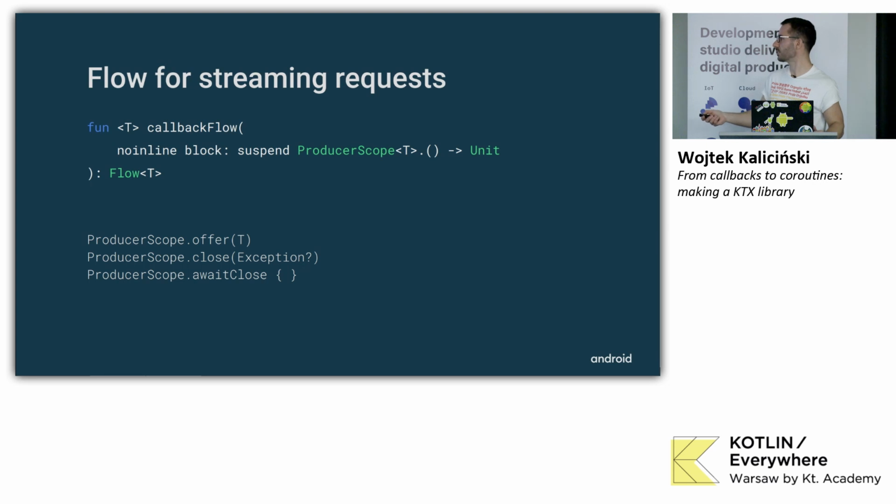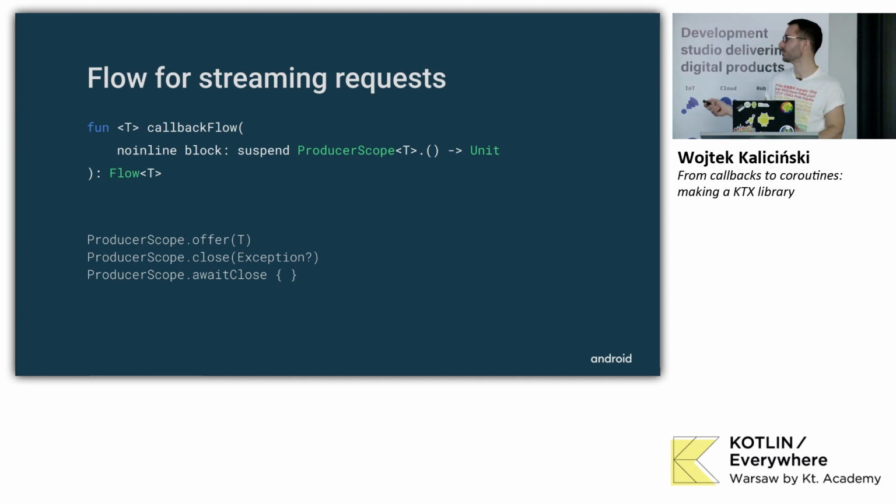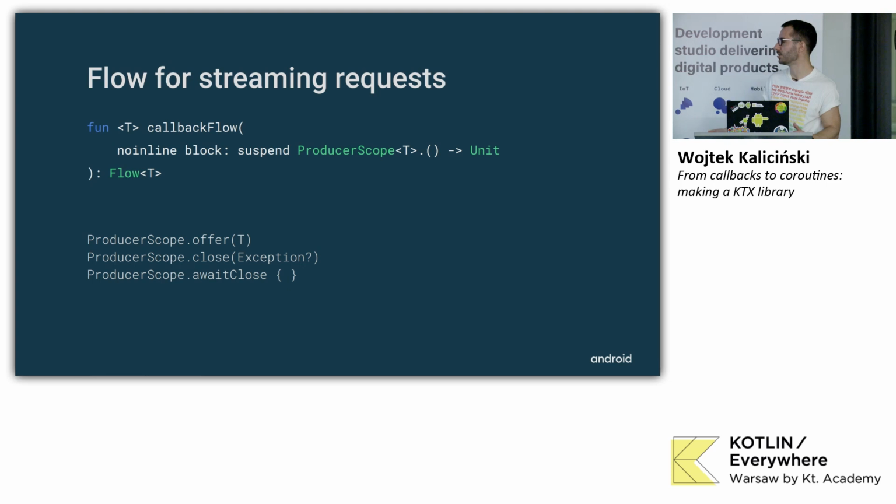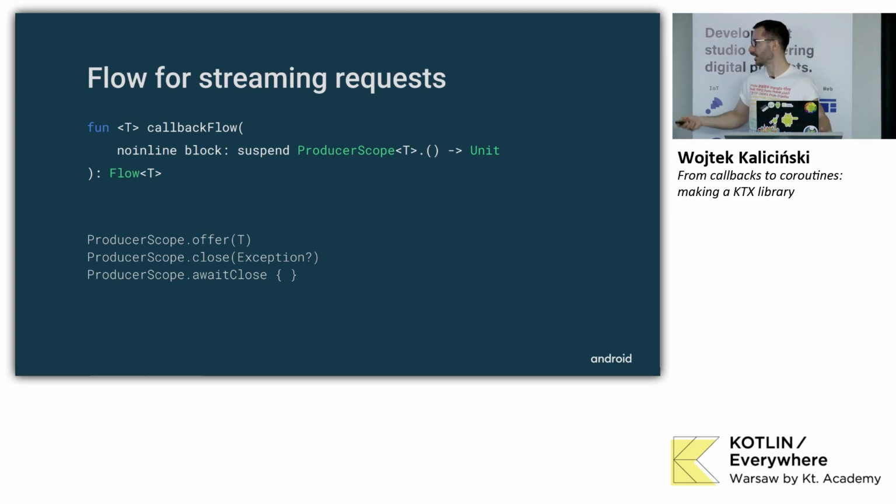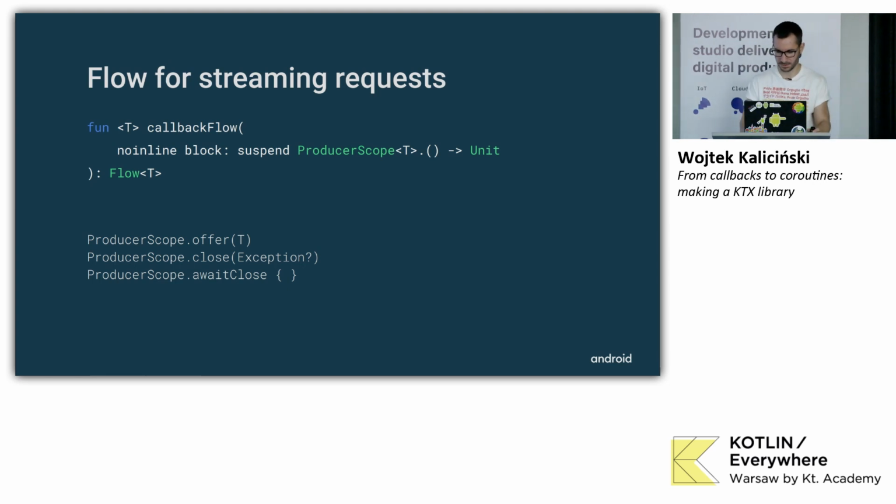So this one takes a block as well, which will be executed synchronously as well, like suspendCancellableCoroutine. And it gives you a producer scope inside, which you can use to emit results, emit events. At some point, you will have to close it, hopefully without an exception. And at the end of this function, you also call awaitClose, which I will show you in a second.